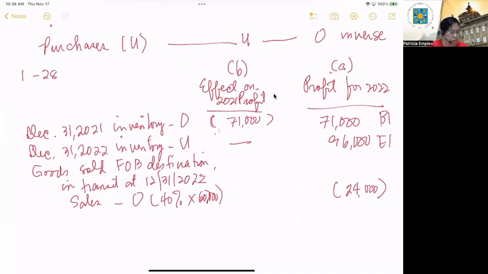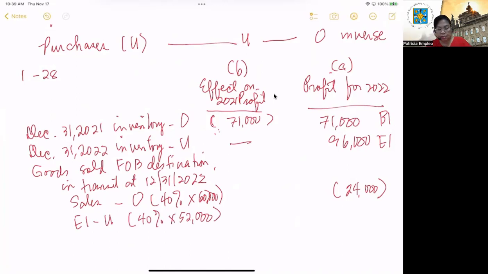However, these goods were also excluded from the ending inventory. Therefore, your ending inventory is understated because they have not been included in the count, but these are still ours. And the cost of the goods is 52,000. So that means, therefore, that 40% of 52,000 must be included in our inventory.